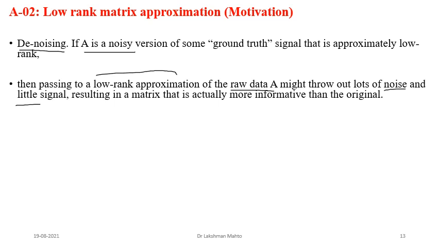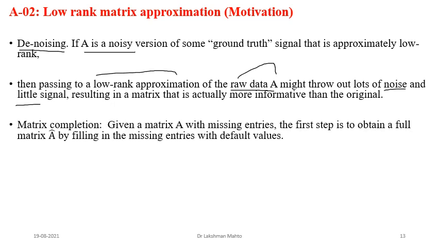When we apply the Lorentz matrix approximation over the matrix we got through measurement, what has been truncated out is mostly noise, and a few bits of the actual signal will also be truncated out. But no worry, we will get a very good representation of the original. One application I told was denoising, which might be common to electronics and communication students.